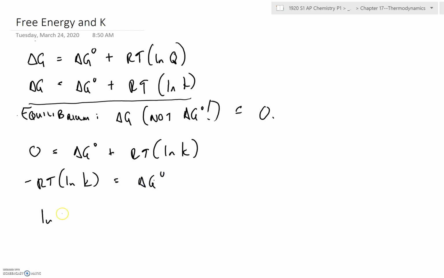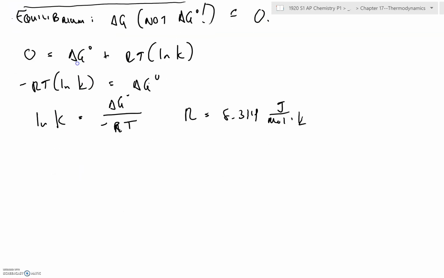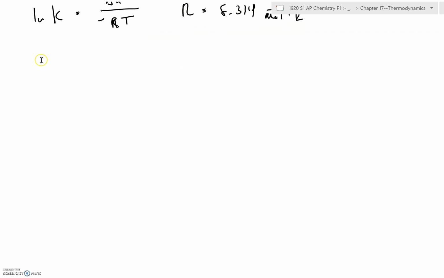And that means that we can easily solve for the equilibrium constant simply by doing this. And of course, our buddy R is going to be our constant, R equals 8.314 joules over moles Kelvin, and T is temperature. All right. So pretty easy. That means you can find the value of the equilibrium constant when you are not at standard conditions.